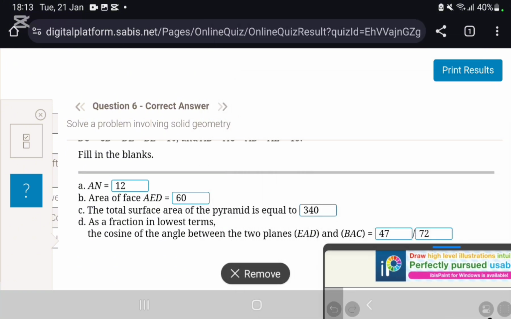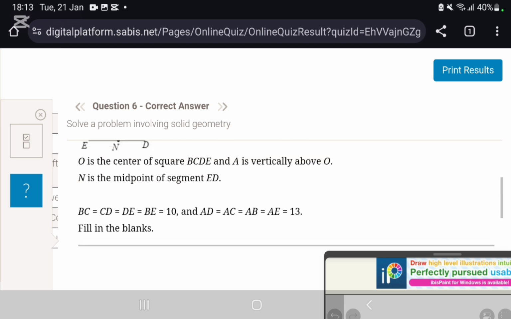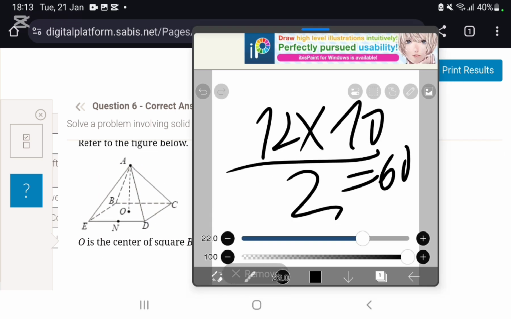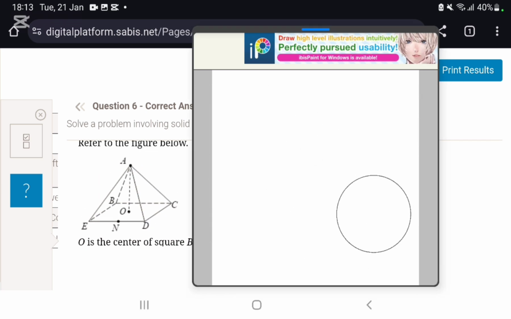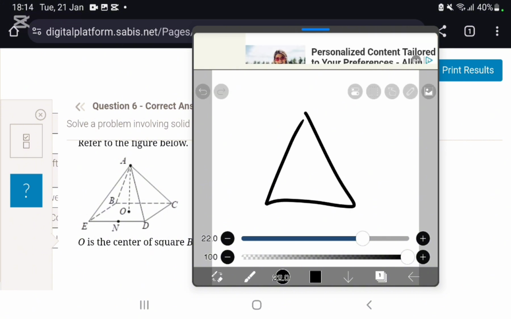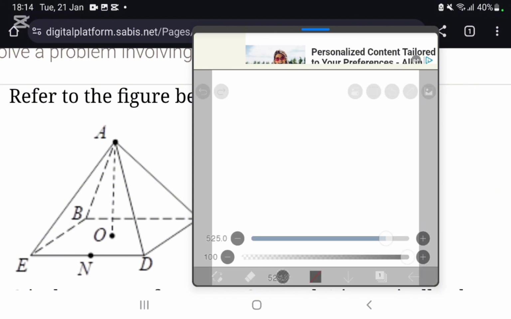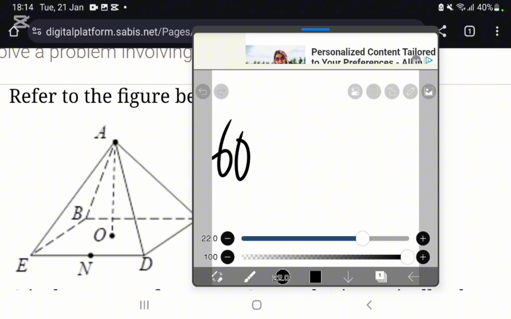C. The total surface area of the pyramid is equal to. Okay, look, since all of the triangles are equal, each triangle is 60. How many triangles do we have here? One, two, three, four. Okay, so 60 times 4 plus.